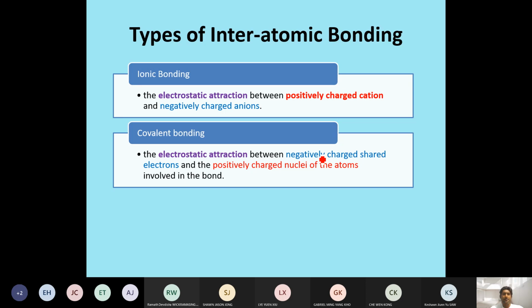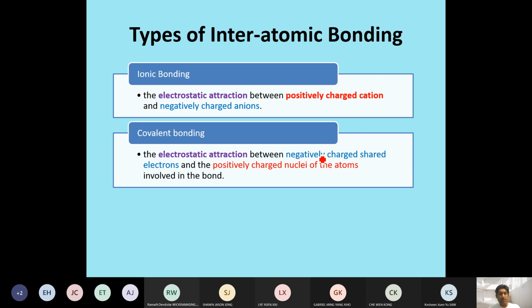All right. So when they tend to share the valence electrons between two atoms, they form covalent bonding. And in this type of covalent bonding, based on their electrostatic forces, although they are sharing, not just snatching away from one another, they still possess a difference in electrostatic forces of the electrons or the atoms.